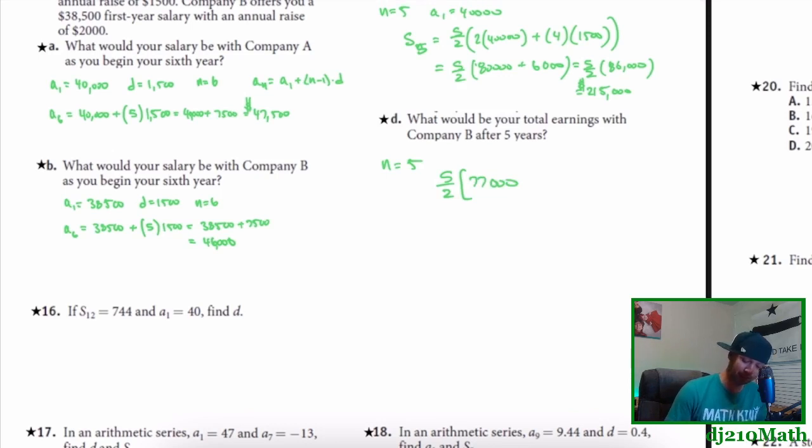Right, 77,000, that's what 38.5 times 2 would be. Plus 4 times 1,500, we just said was 6,000. Okay, what's 76 plus 6? 80, 83? 83,000?